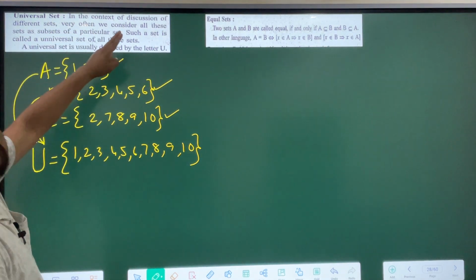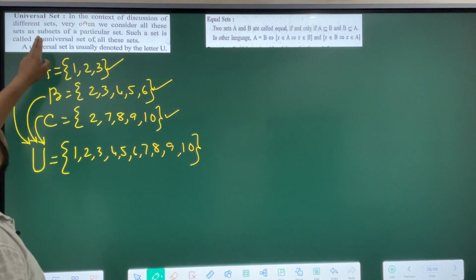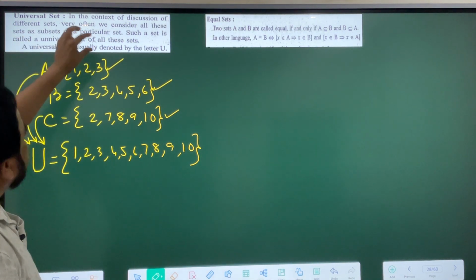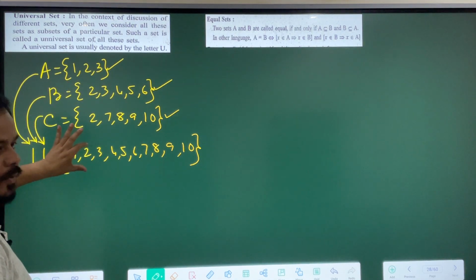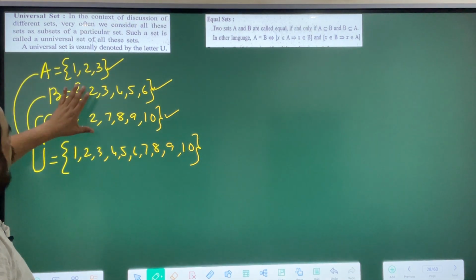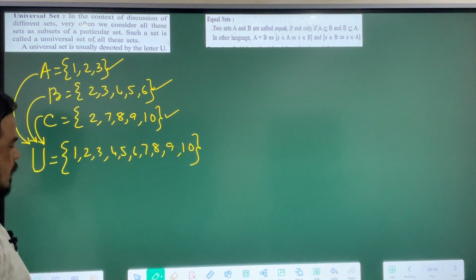In set discussions, very often we consider all these sets as subsets of a particular set. These are all subsets of this particular set, which is called the universal set.